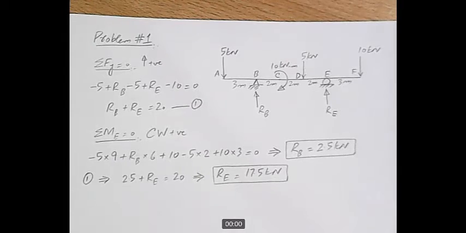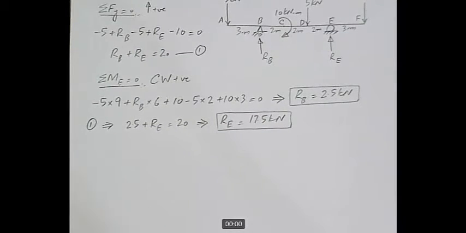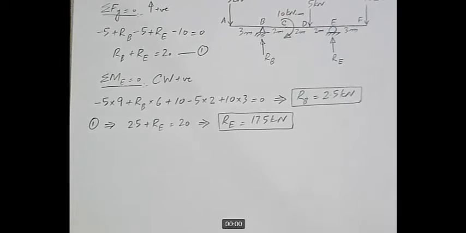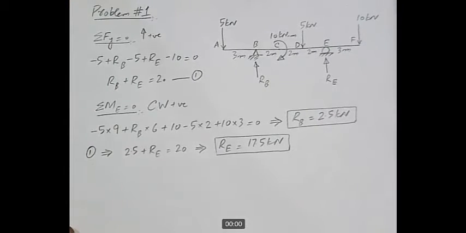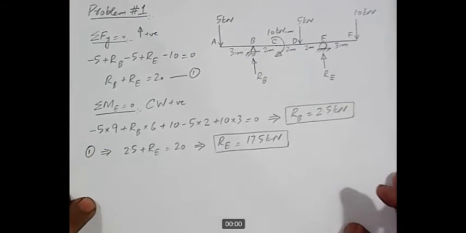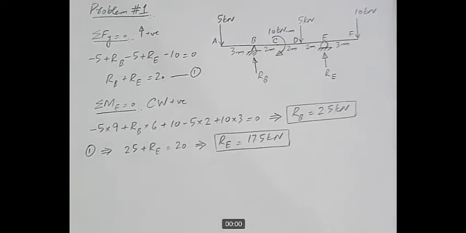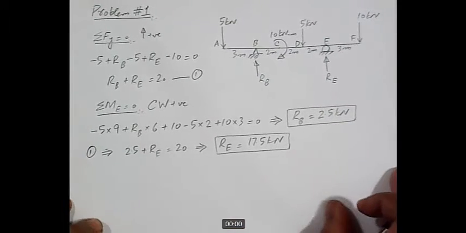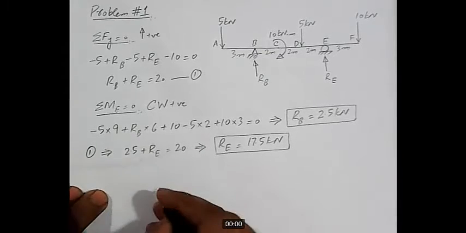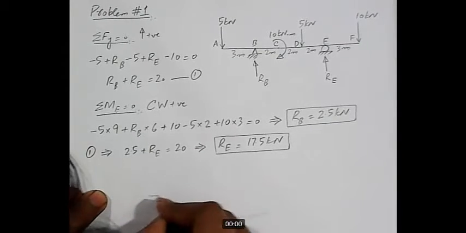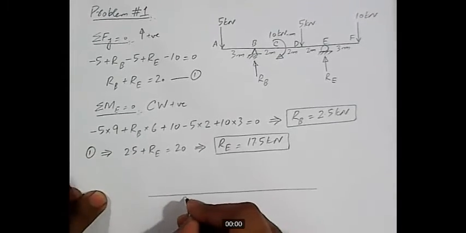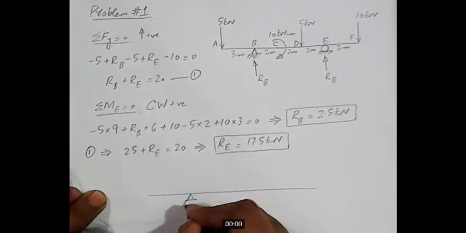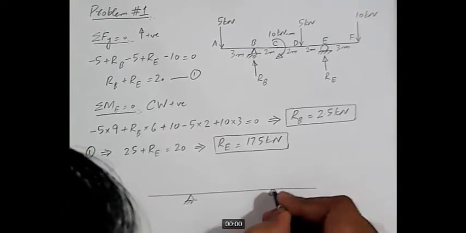So we'll skip all those steps that involve equation writing, and we directly jump to the plotting of SFD and BMD. So let me draw the beam once again, and then we will plot the shear force diagram and bending moment diagram. So we have a beam with a hinge support here and a roller support here.